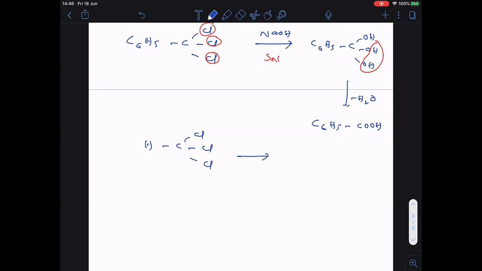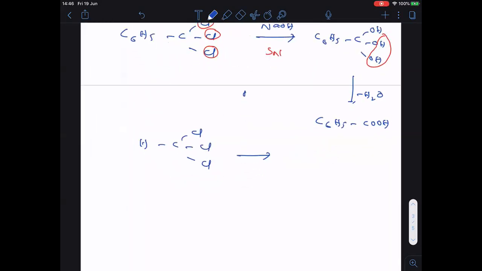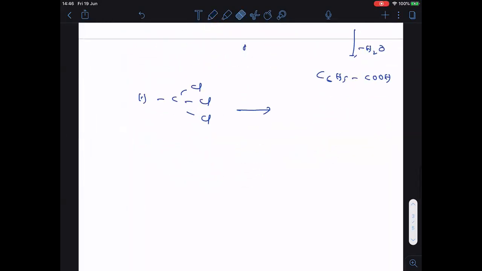Got the answer, everyone? Again, here also take NaOH only. Do the same reaction with NaOH. Okay, let me solve this one.